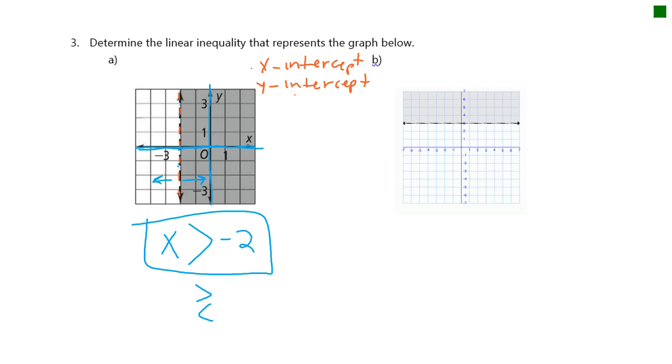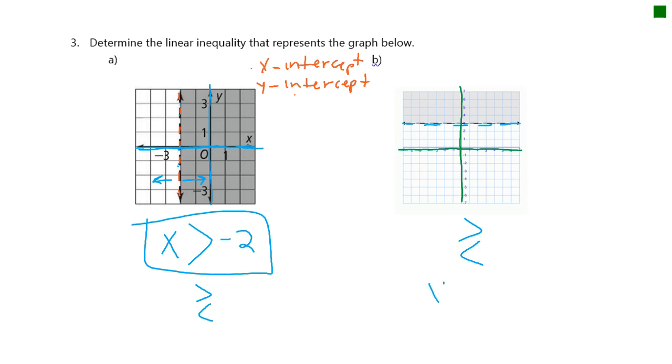Let's try the next one. Okay, the next one. We are looking at a dashed line, right? So we know we're going to use either the greater than or less than symbols. We know that the line is also crossing through which axis? The y or the x? Again, this is the x and this is the y. The blue dashed line is crossing through which one?